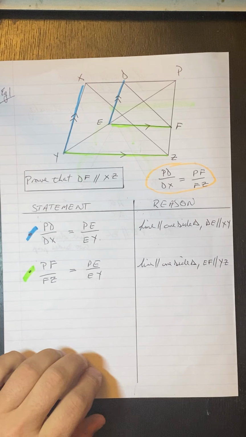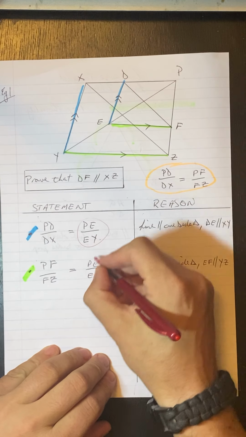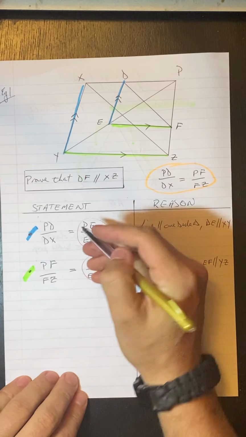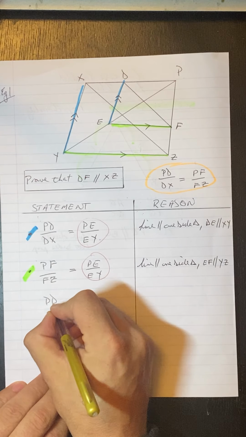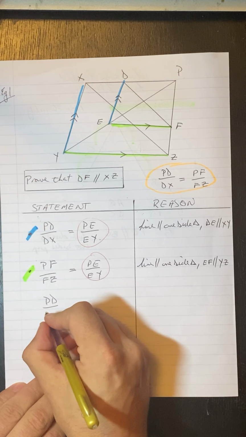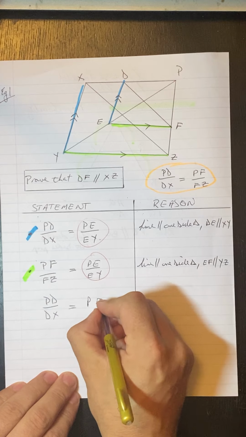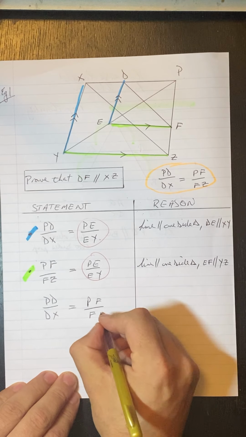Now, as you can see, they are both equal to this PE to EY. So therefore I can set these two equal to each other. We get PD to DX is equal to PF to FZ.